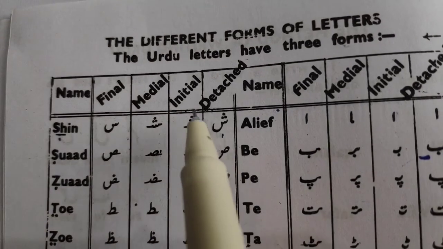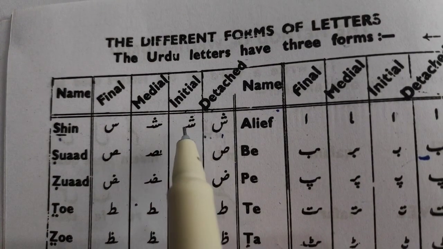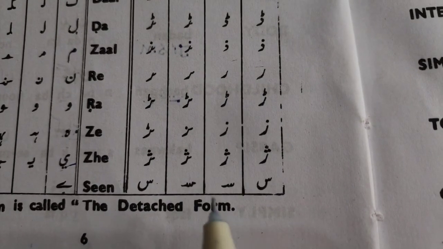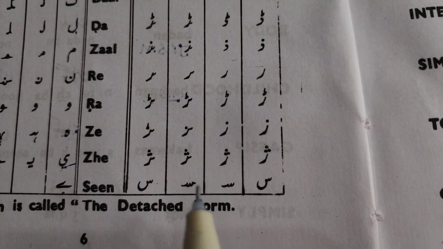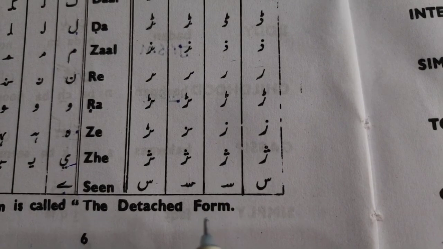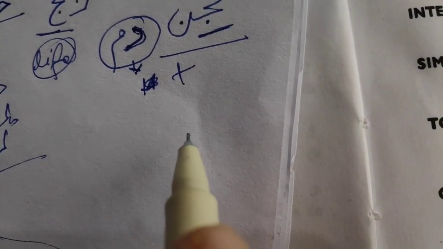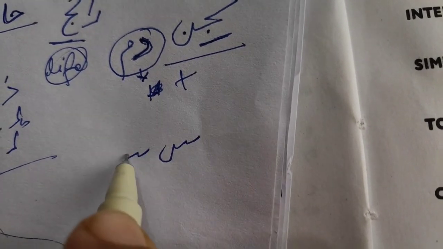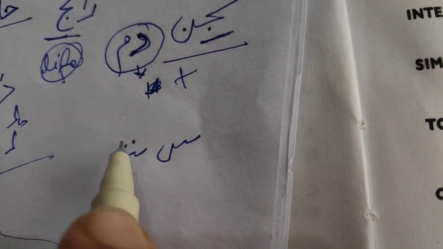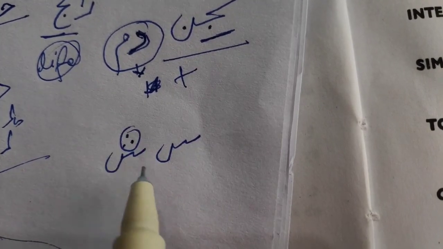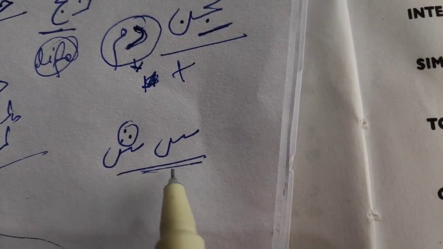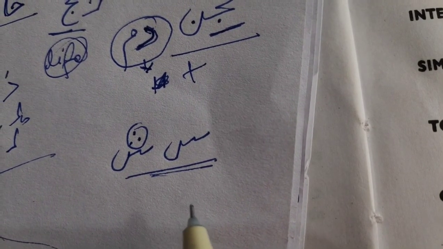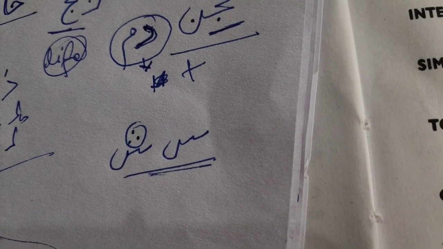As I told you, sheen looks like this, and it also looks like this, and it is differentiated only by the three dots. Seen and sheen are the same, but sheen has three dots. By the way, all the short forms, initial and medial, have the same rule for writing in any words mixed with letters.